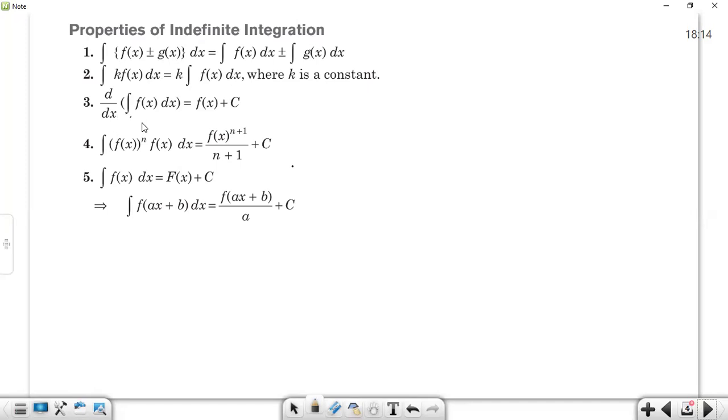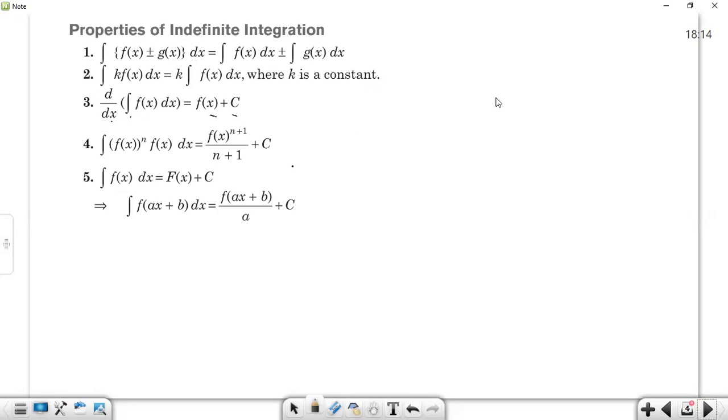Differentiation and integration, when both of these operations happen on a function, will cancel each other's effect. The function will remain the same, but there will be a constant there. Of course, the function will first get integration and then differentiation. So it's debatable, and it depends on which sign comes first whether the constant will be there or not.